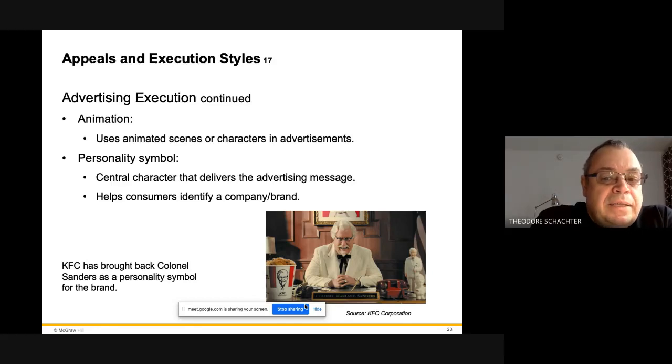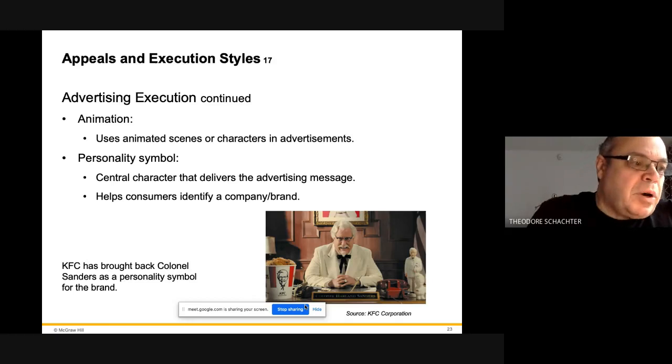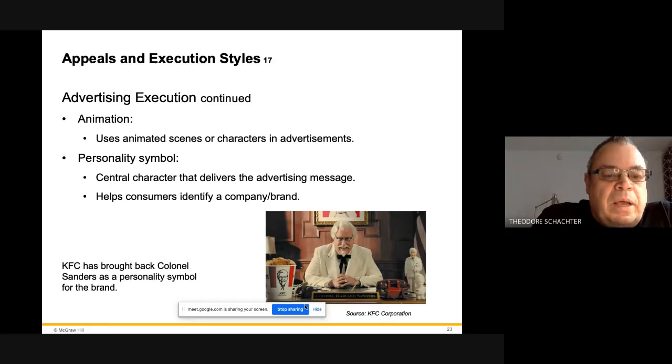A personality symbol is either what we have here, KFC, or Mayhem. So a personality symbol is more like a mascot that we're kind of associating with that product. So it could be Mayhem for Allstate, the Colonel for Kentucky Fried Chicken, the clown Ronald McDonald for McDonald's, that creepy Burger King guy for Burger King.